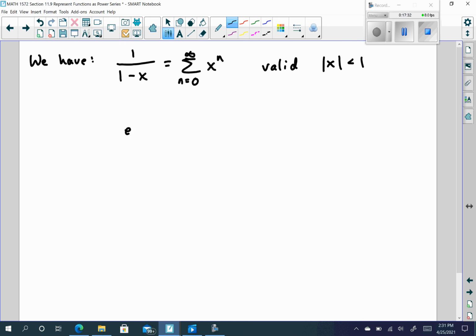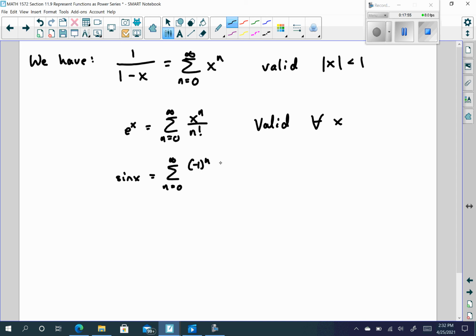We have e to the x. We have the summation as n goes from 0 to infinity of x to the nth power over n factorial. Valid, again, for all x. We have sine x is equal to the sum as n goes from 0 to infinity of negative 1 to the nth power, x to the 2n plus 1 over 2n plus 1 factorial.